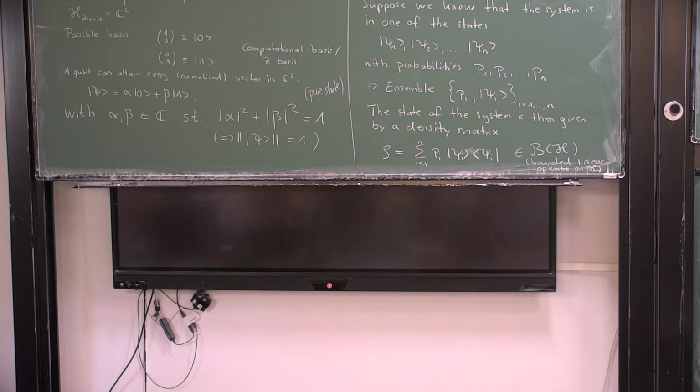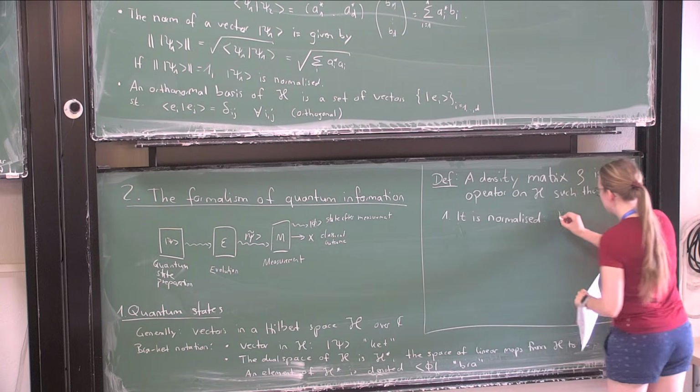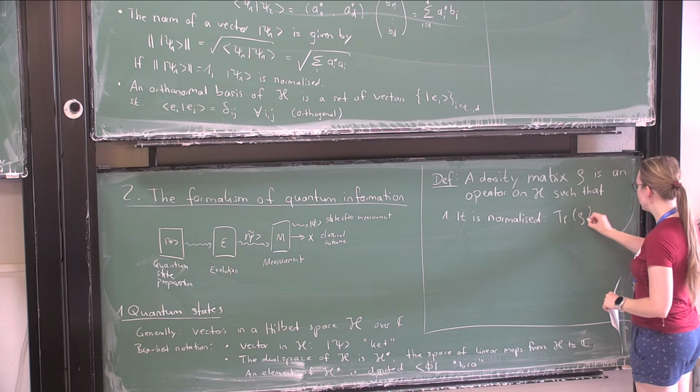Now that we have matrices, being normalized means that the matrix has trace 1.